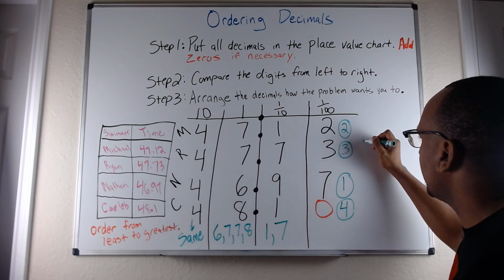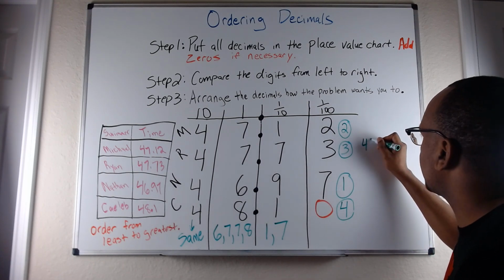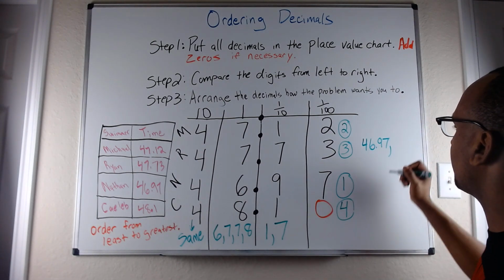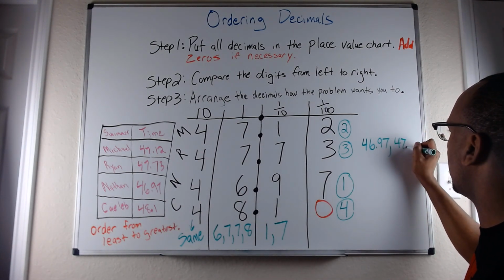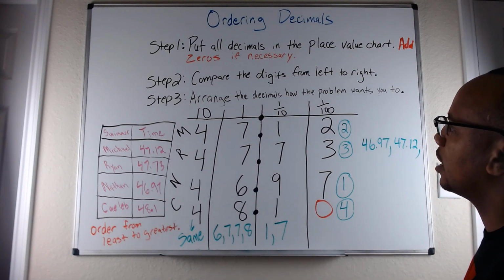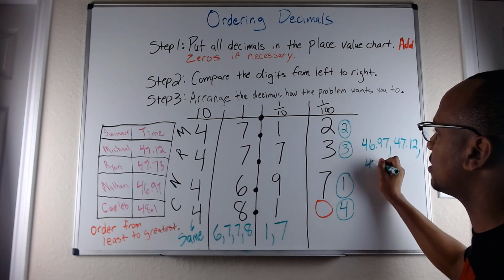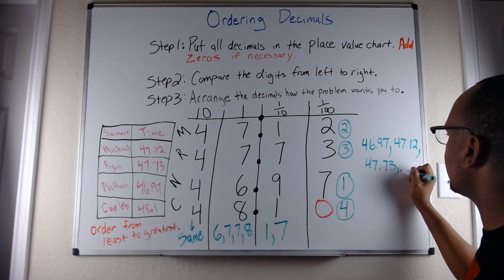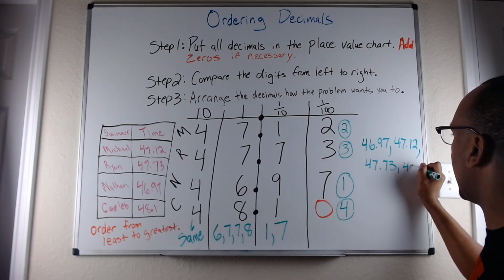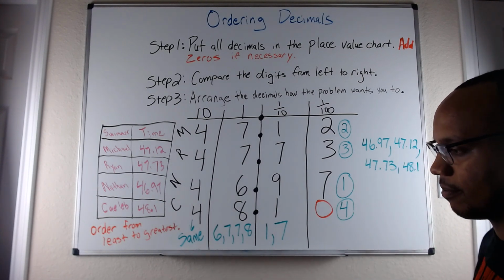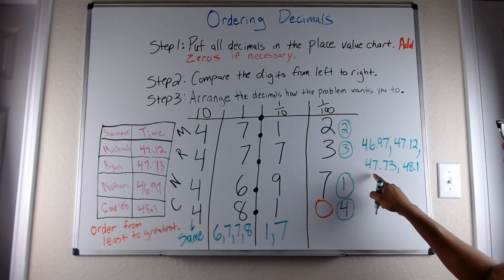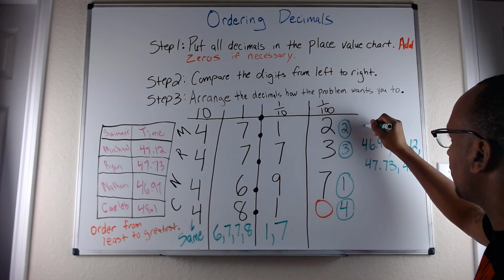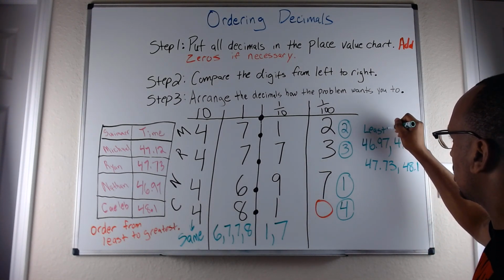If they do that, then you will have 46 and 97 hundredths, then 47 and 12 hundredths, then 47 and 73 hundredths, and then lastly, 48 and 1/10. This is if the answer says put the swim times in order from least to greatest.